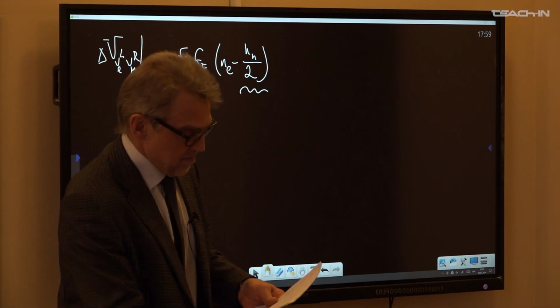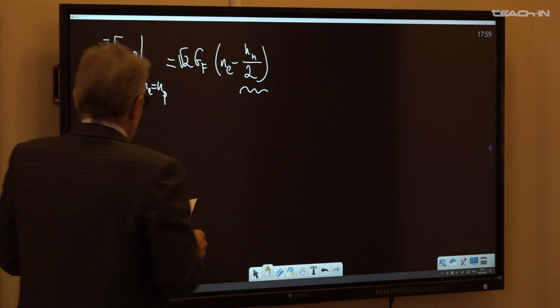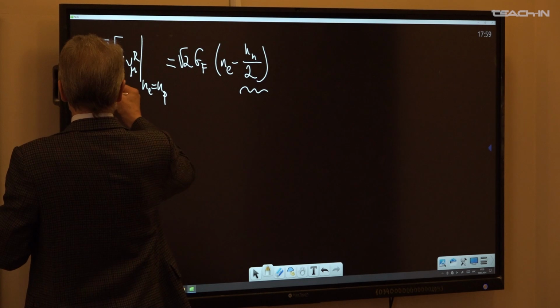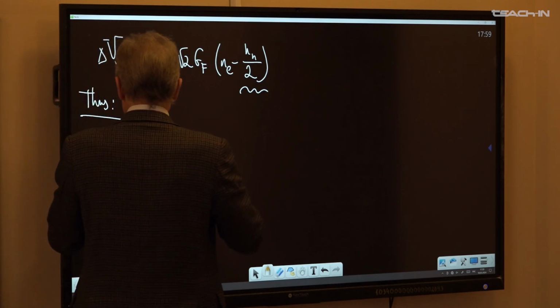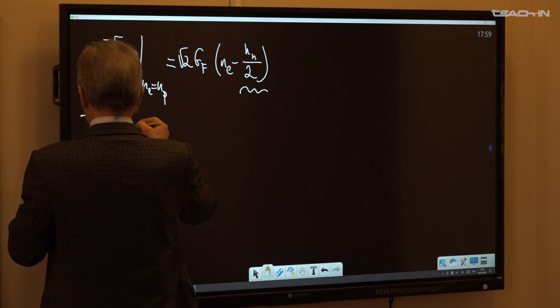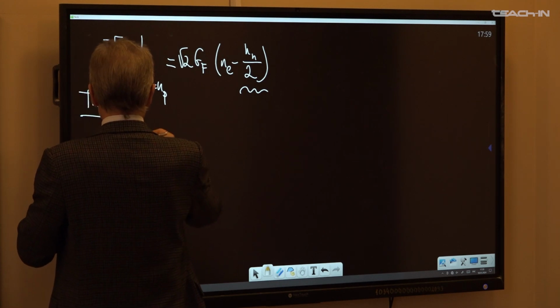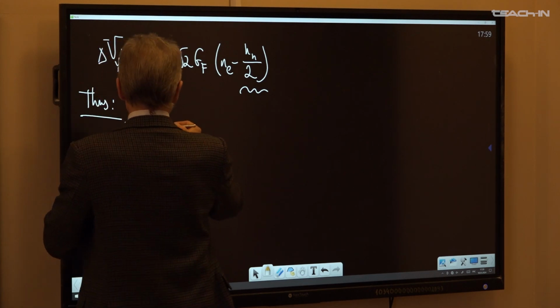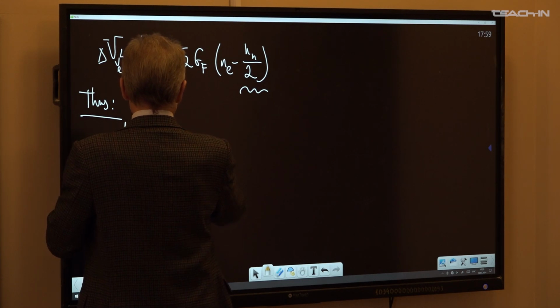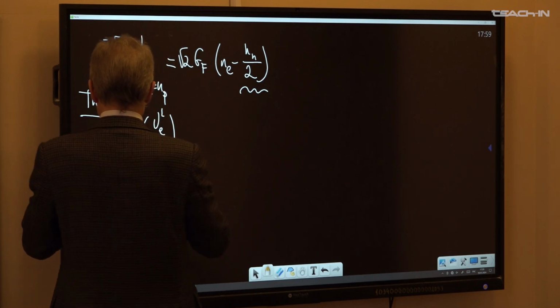Thus, if we sum up all we have discussed, we can write the effective evolution equation for the considered neutrino state, which can be right-handed muon and left-handed electron.